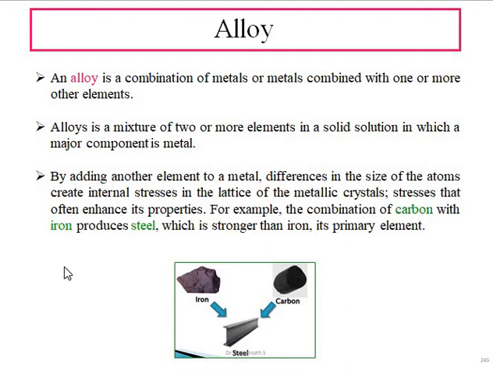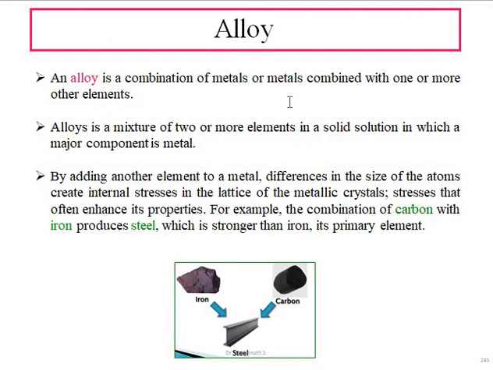Okay, an alloy is defined as a combination of two or more metals combined together, or metals combined with other elements. We can mix two metals to get an alloy, or we can add some particular elements so that its properties improve, and we call the resultant mixture an alloy.